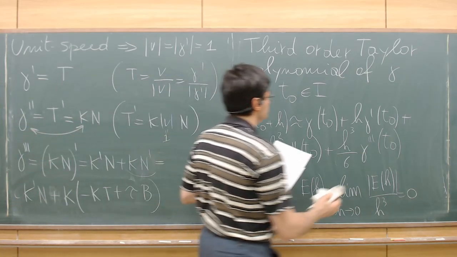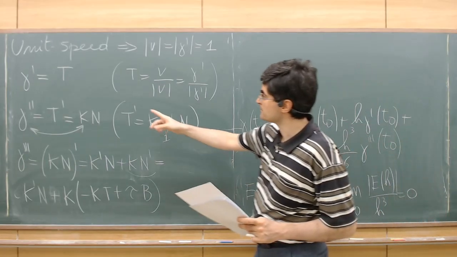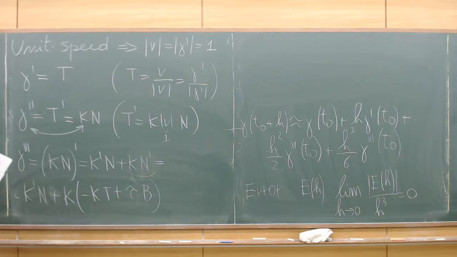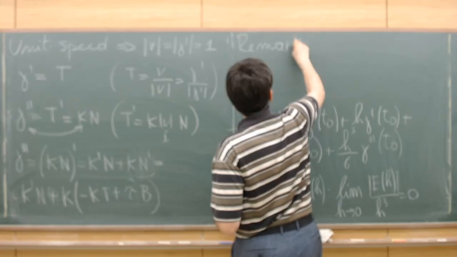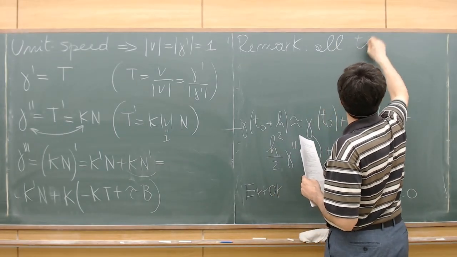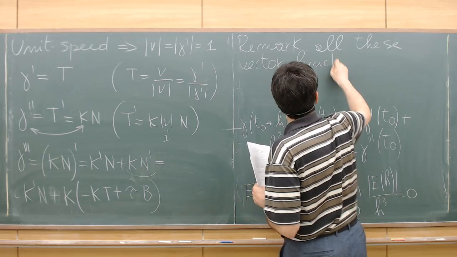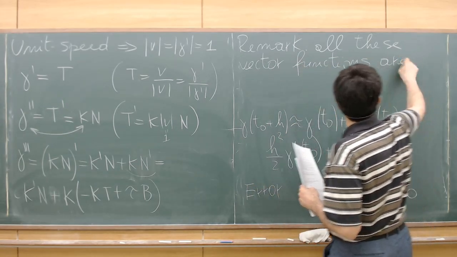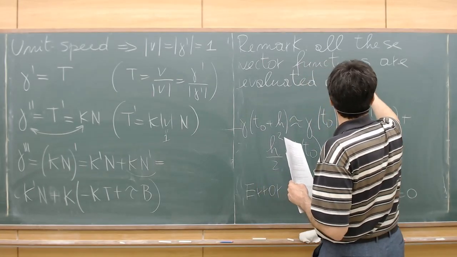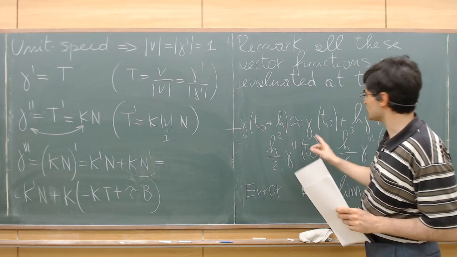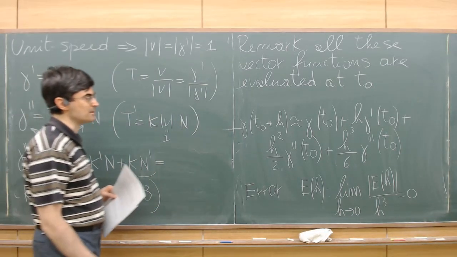So, in conclusion, one remark before going on: all these vectors are evaluated at t0, because I did not write explicitly the dependence on t0.